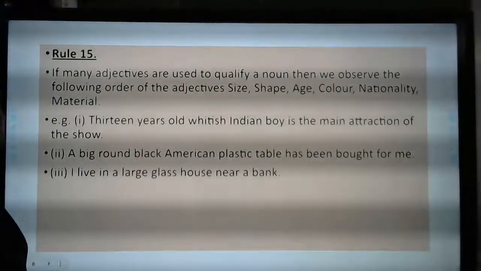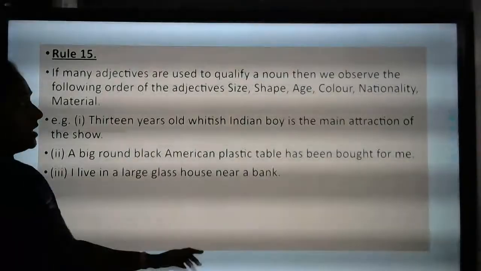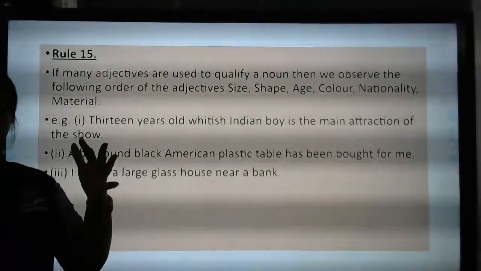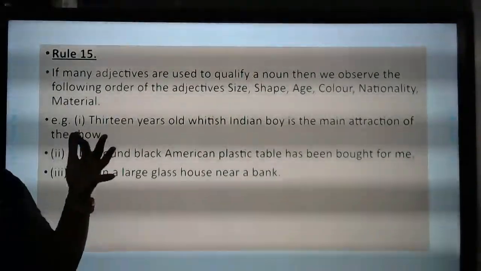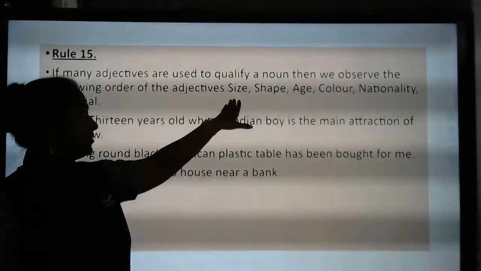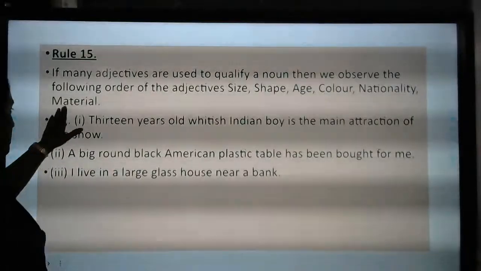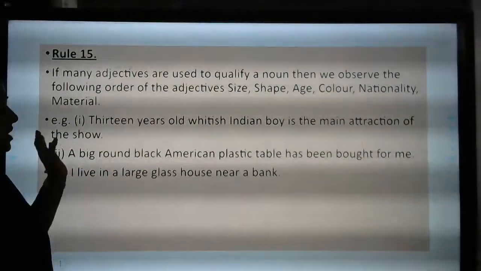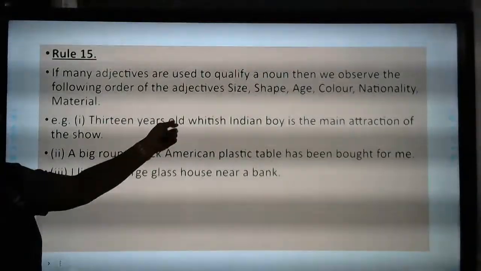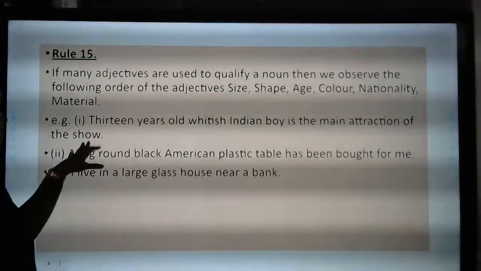Then rule 15. If many adjectives are used to qualify a noun, then we observe the following order of the adjectives. That means many qualities for the same thing, when we are comparing, then the order should be: first size, then shape, then age, then color, then nationality, and then material. Such an order must be there. For example, a 13 years old, whitish Indian boy is the main attraction of the show.